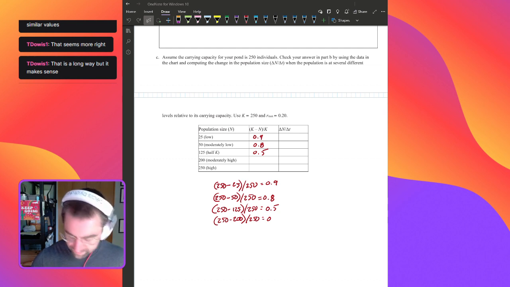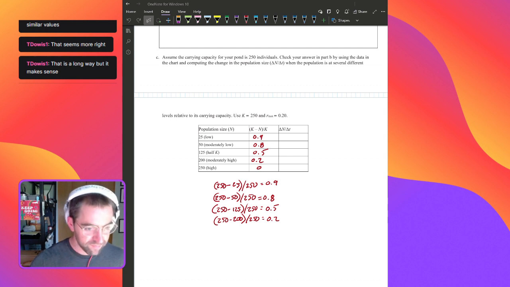Okay. Then we've got our change in individuals per unit time. Easy peasy.